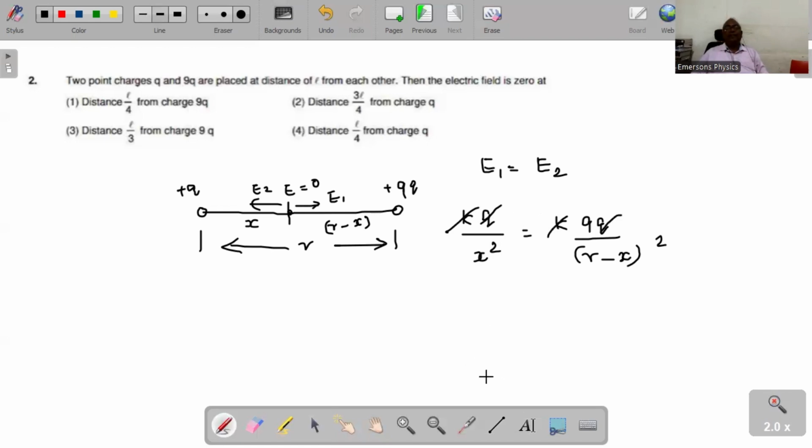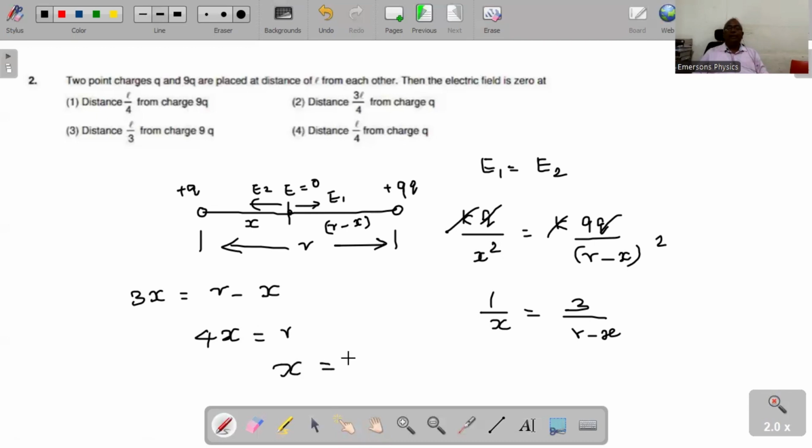All the numbers are squares, so we can take the square root. 1 by X is equal to 3 by R minus X. Cross multiply: 3X equals R minus X. 4X equals R. X will be equal to R by 4 from plus Q. R by 4 from plus Q is the answer.